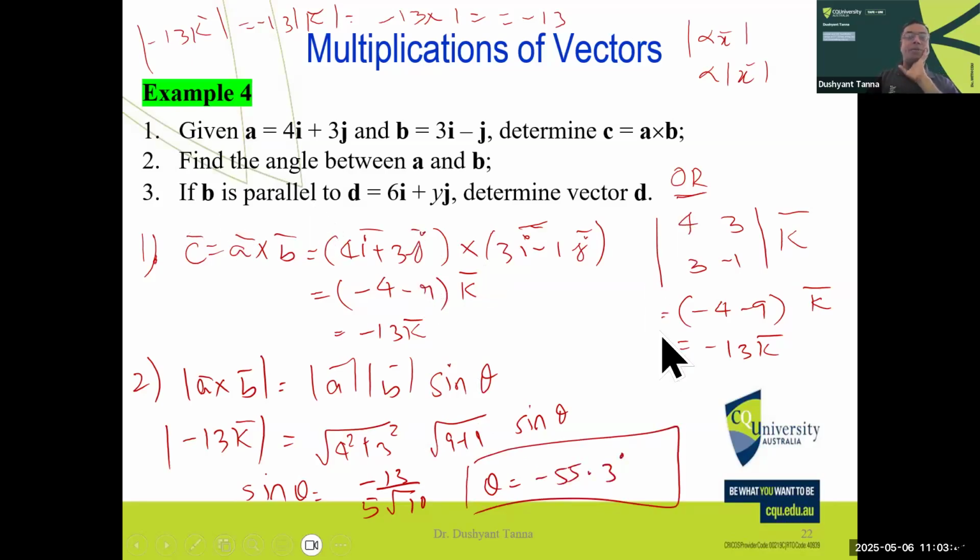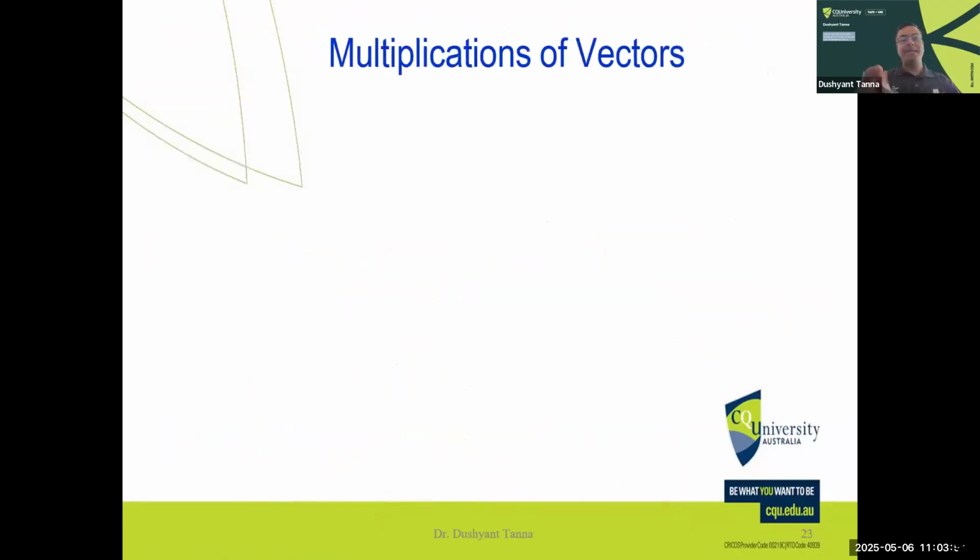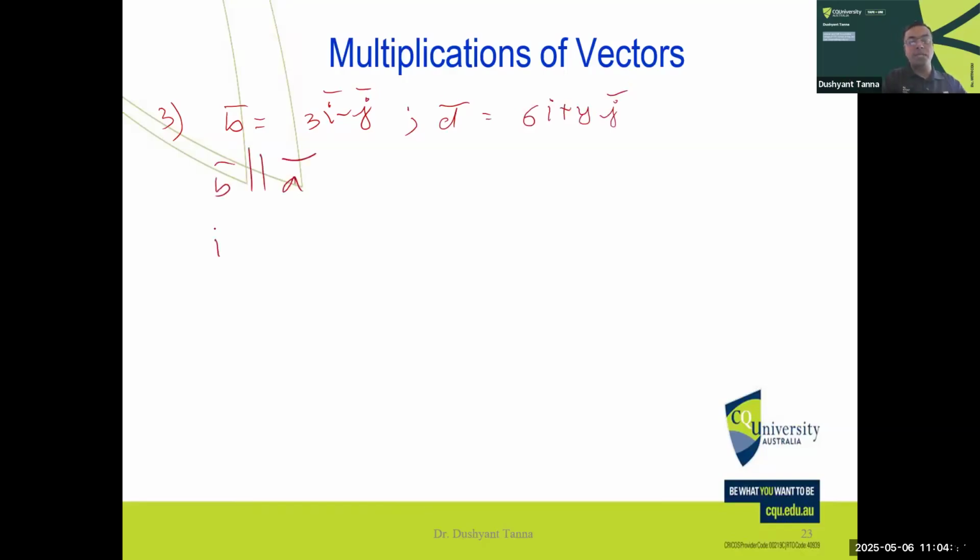Now, B is parallel to D. What happens to the parallel vector in terms of cross product? The cross product will be 0. So the third one, we have vector B is 3i minus j. Vector D is 6i plus yj. Okay. B is parallel to D, and therefore B cross D is the zero vector. Another cross product. How do we obtain the cross product?